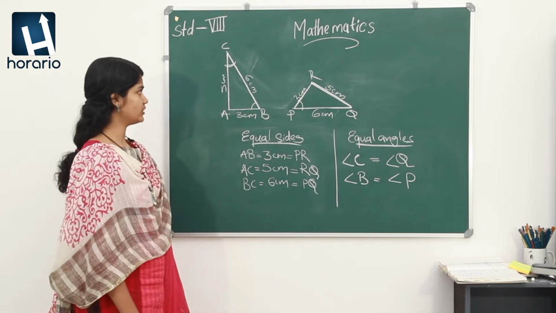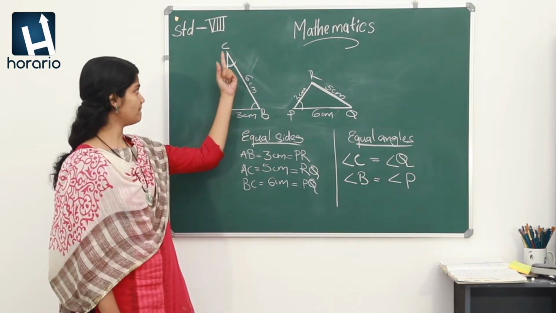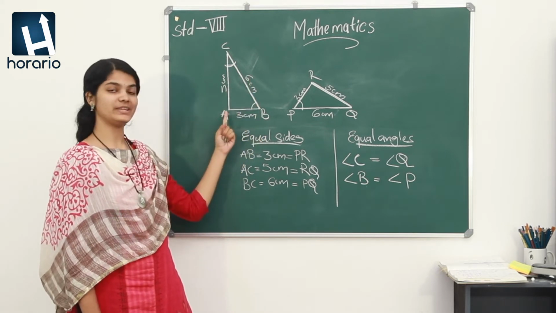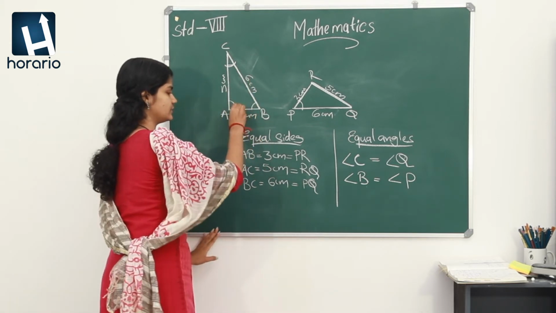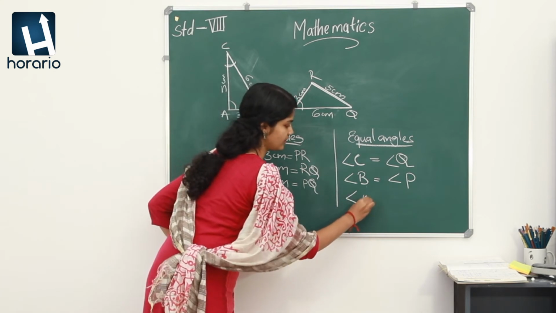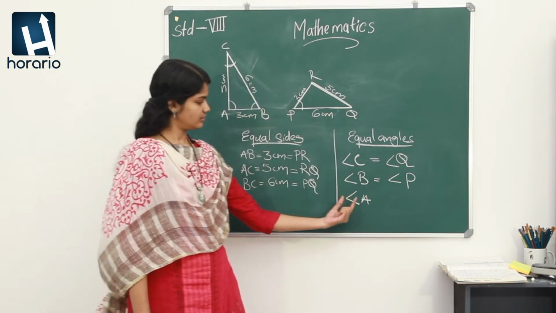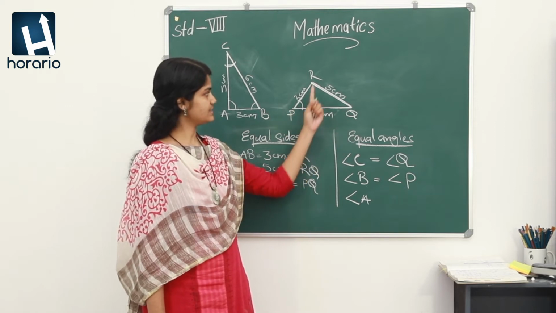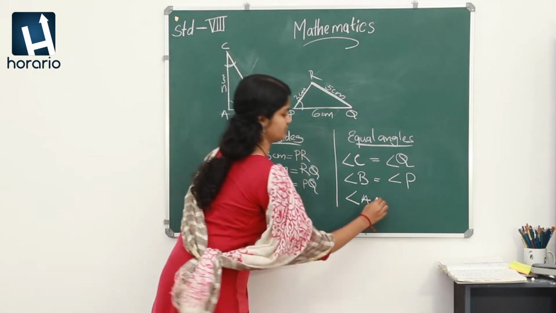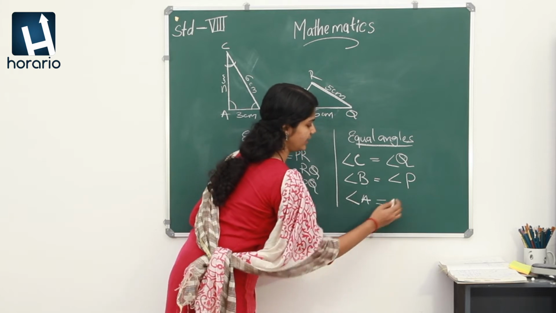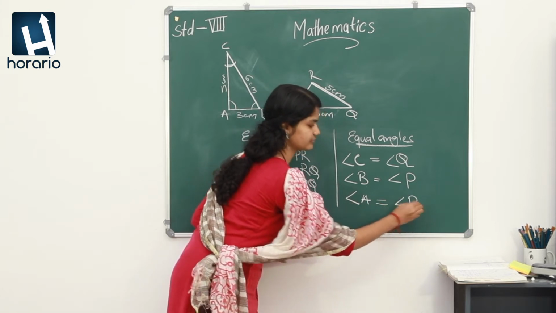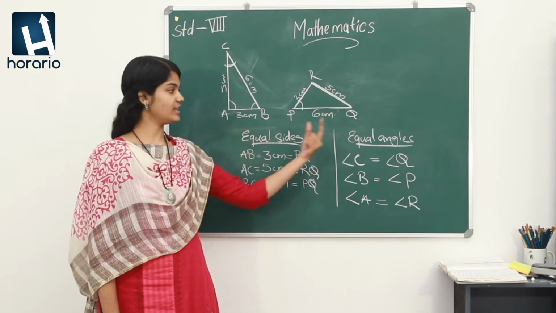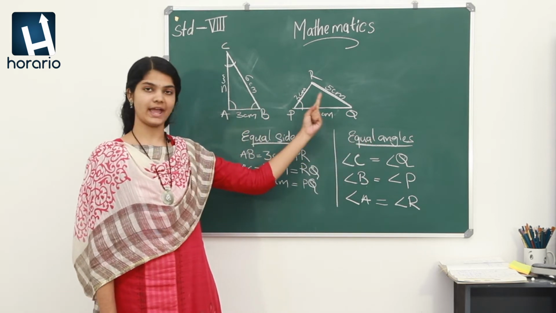Then, what about side BC? Yes, the angle opposite to BC is angle A and the angle opposite to PQ, that is angle R. So, I can write angle A is equal to angle R. So, these are the equal sides and equal angles of two triangles.